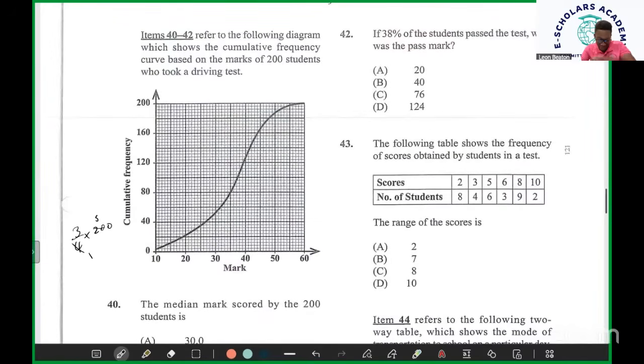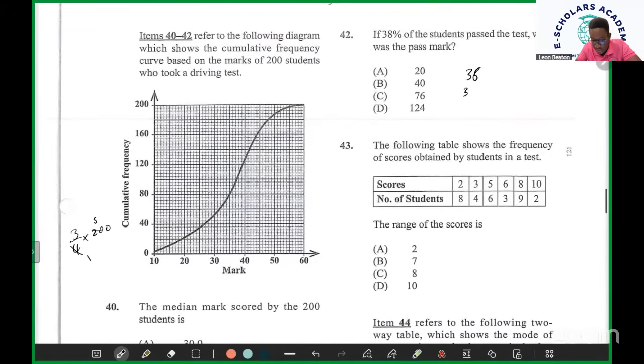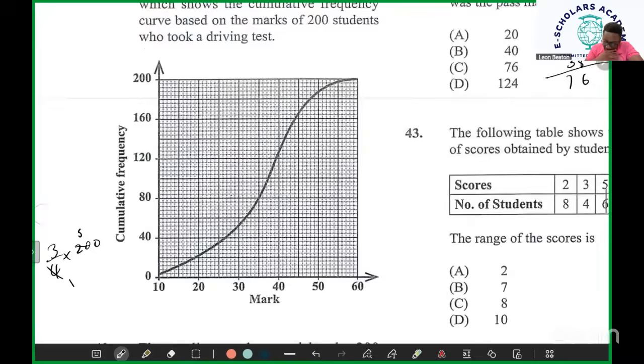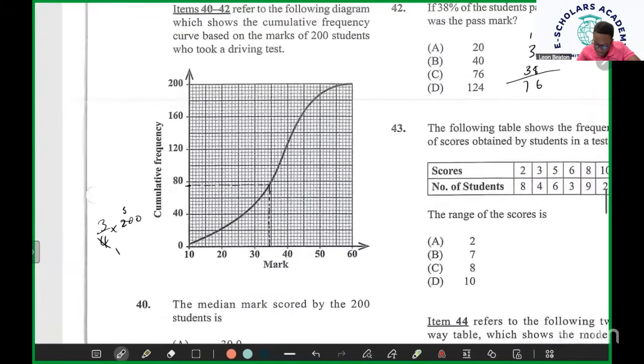So we can say 200 times 38 over 100 would be 76. So let's see where the pass mark is. We go to 76 and we come across. Here is 80, so 76 would be right below here. Let's see how many students pass. We come across and then we come down. It looks like 30 something.